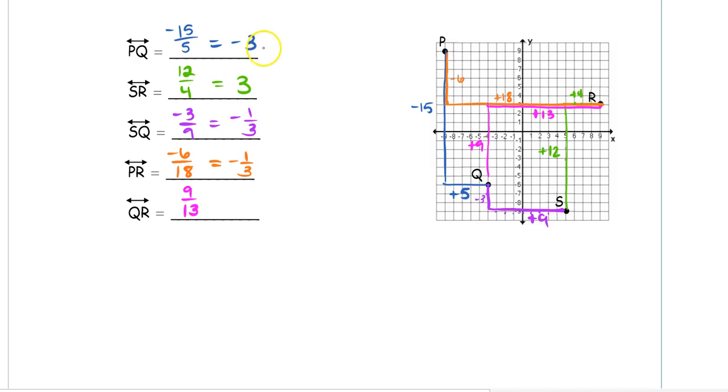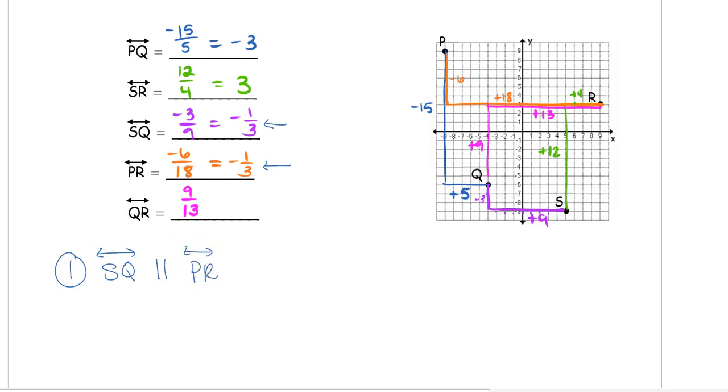So if I look through negative 3, positive 3, those are not parallel because this one is negative and this one is positive. But I look here and here. Those both are exactly a negative 1/3. So the first thing that I can conclude is that line SQ is parallel to line PR.